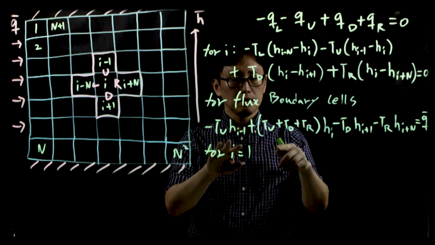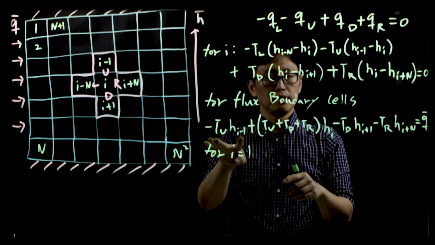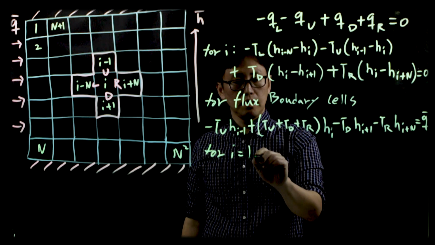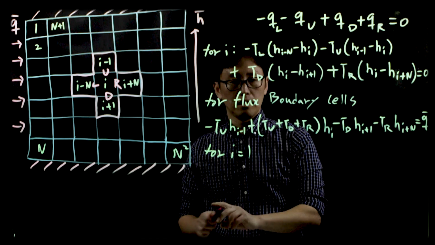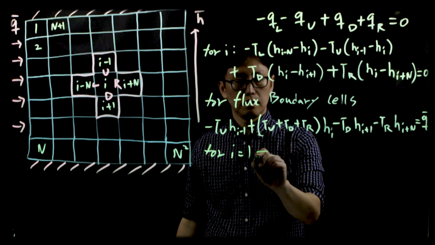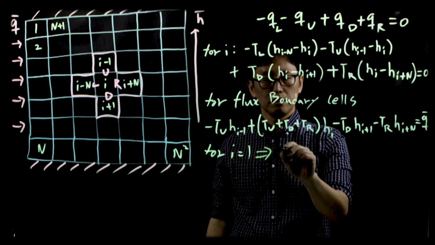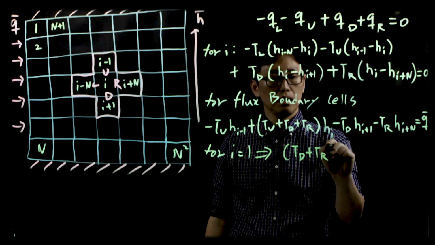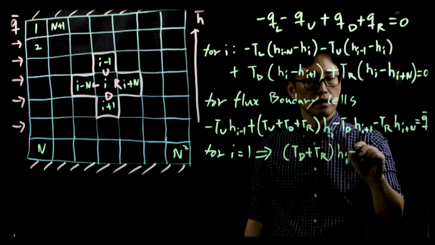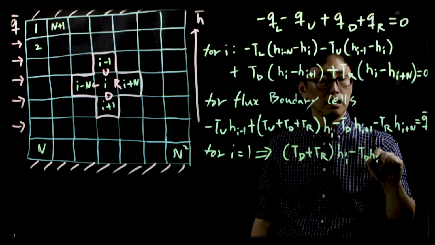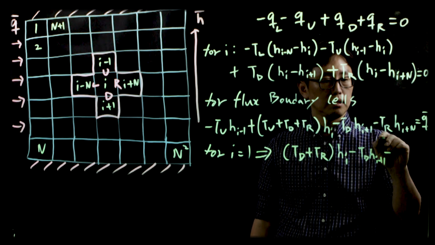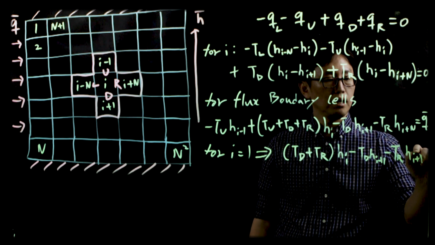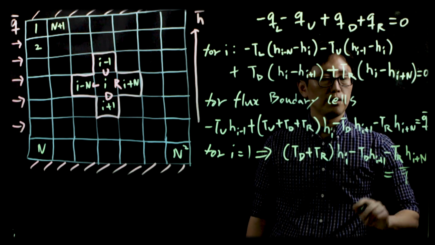So I will cancel this TU H(i-1) and this term TU. So it can be rewritten as: this is cancelled and this is cancelled. So we have TD plus TL times Hi, minus TD H(i+1), minus TL H(i+n) is equal to Q bar, right?